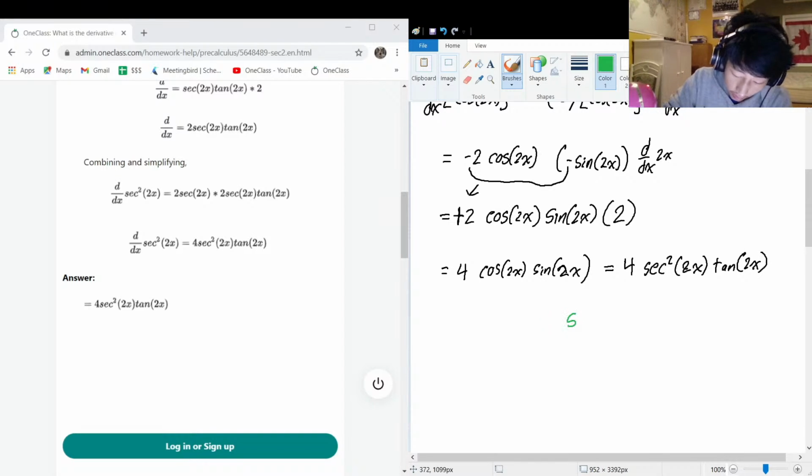Okay, so we know that secant of x is equal to 1 over cos. And we know that tan of x is equal to sine of x divided by cosine of x.